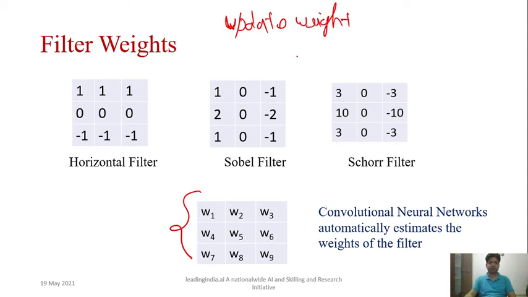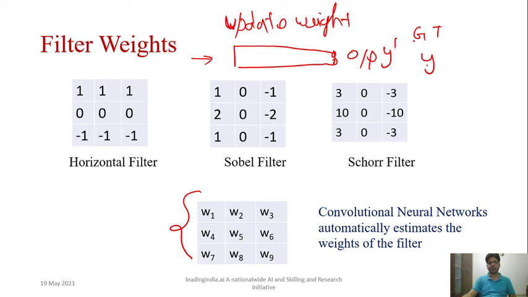What are we doing in backpropagation? You have a network like this. You take input here, and based on that input this network gives some output. Now you have the original output, or ground truth, and we compare. This output is y dash, and y is the original output.